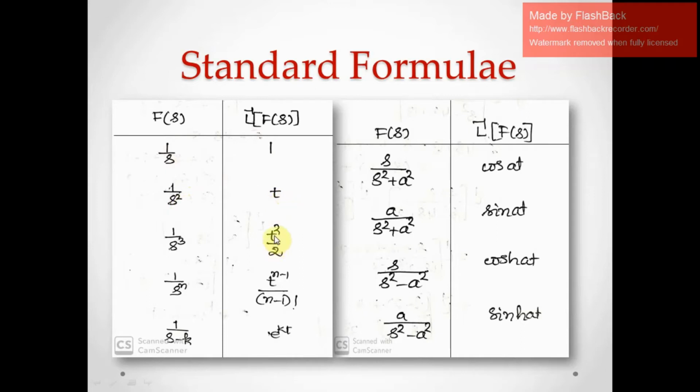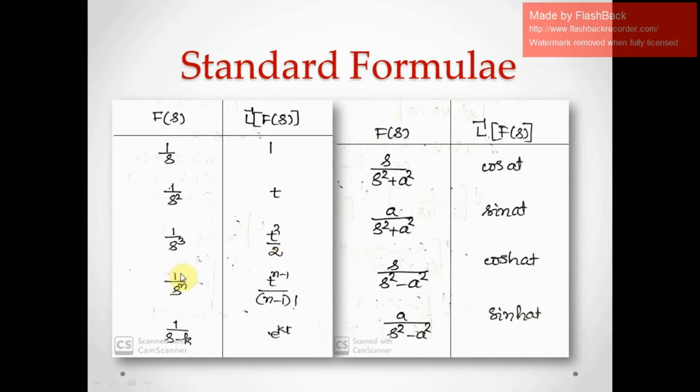L of t square was 2 by s cube, so to find the inverse Laplace transform of 1 by s cube, the 2 goes over here. Inverse Laplace transform of 1 by s cube is t square by 2.